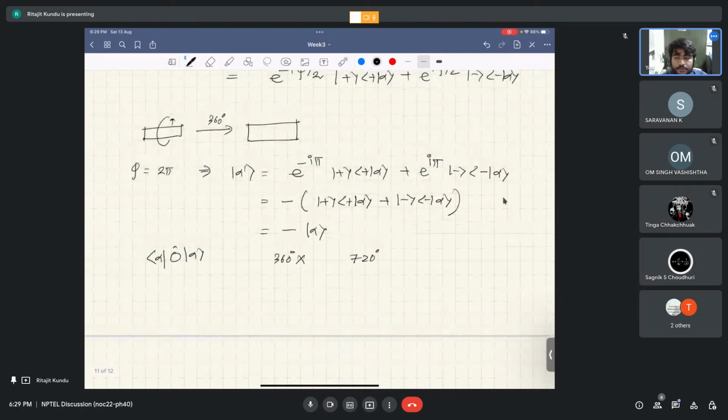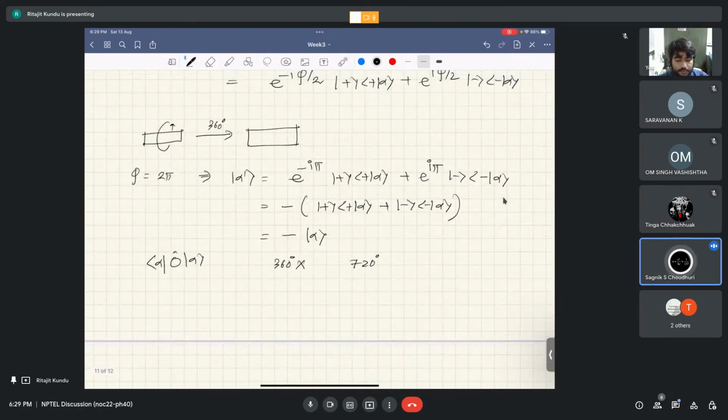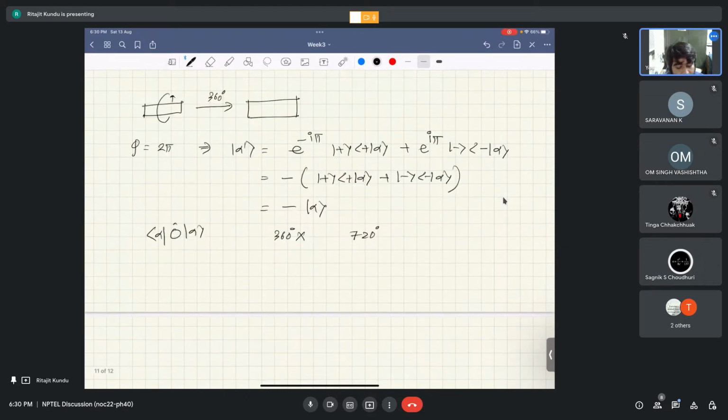Yeah. Sir, for spin 0, 1, 2, means integral spin systems like bosons, the property will be different, right? Yeah, that is a good point that you are trying to make. For bosonic operators, the rotation operator will be exactly the same, like e to the power minus i Sz phi by h bar.